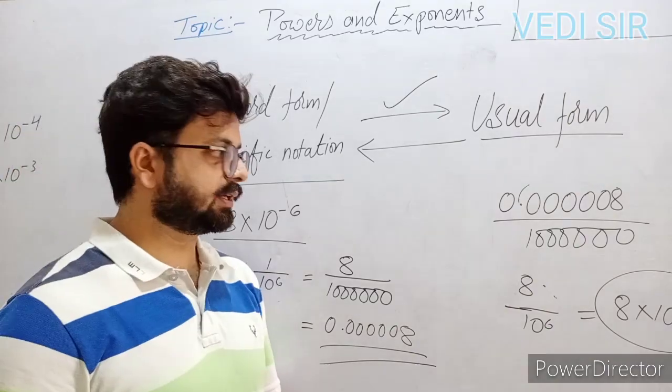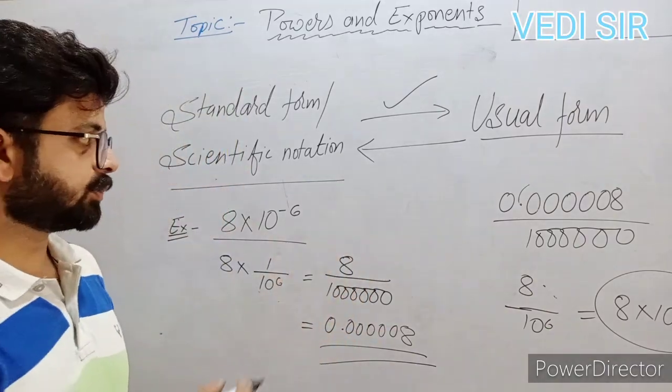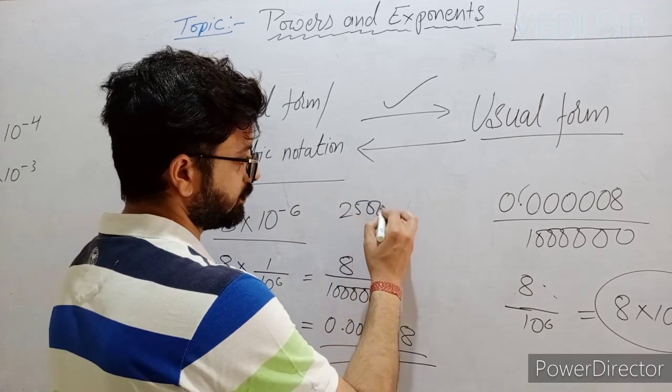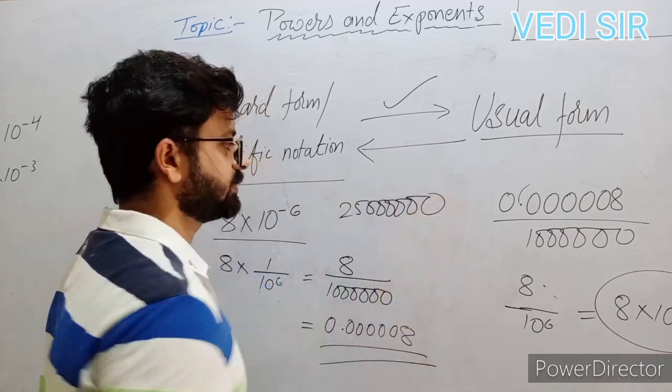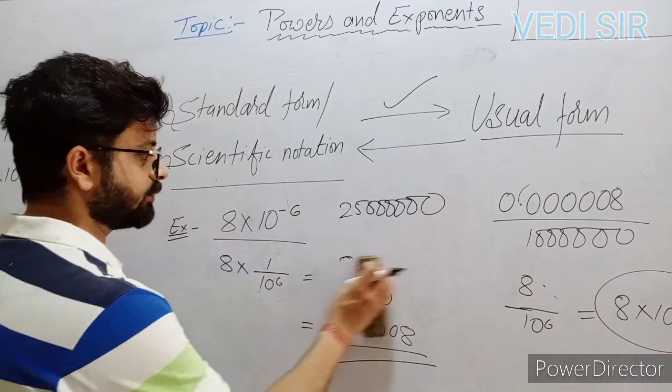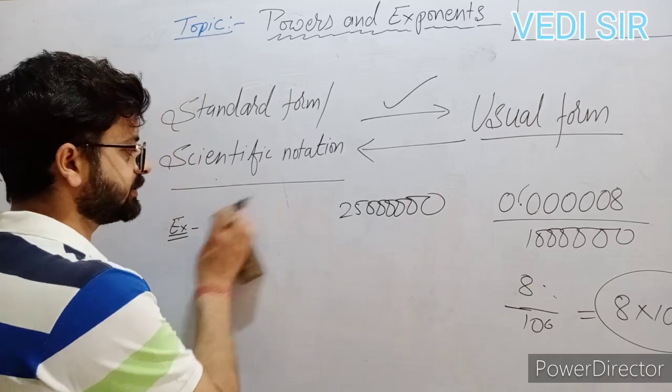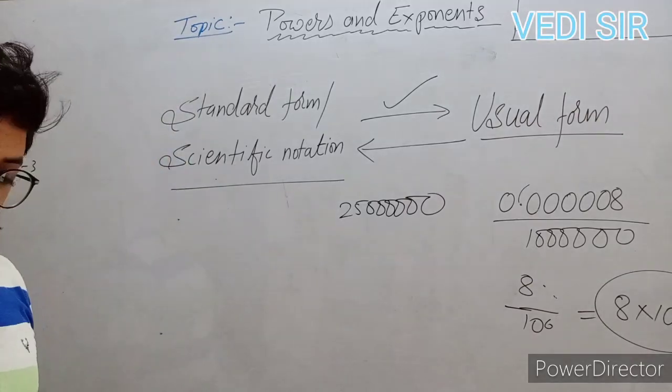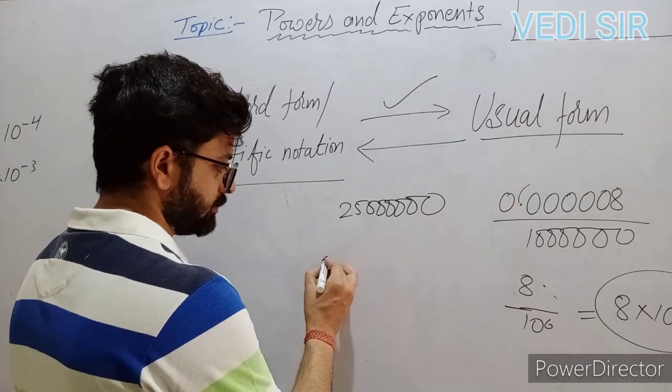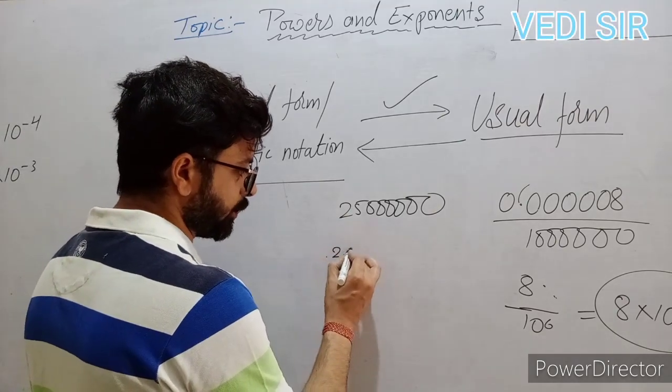And one more thing related to this standard form. Suppose 25, this is the question, and this is the usual form. Now if I want to write this in the standard form, what to do? We need 2.5.